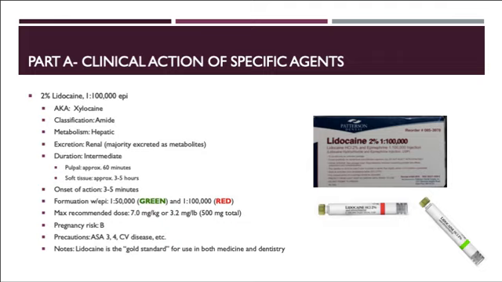And there are a couple of different formulations. First, you have the 1 to 50,000 concentration of epinephrine with the 2% lidocaine. And then you also have the 1 to 100,000 formulation of epinephrine with the 2% lidocaine.